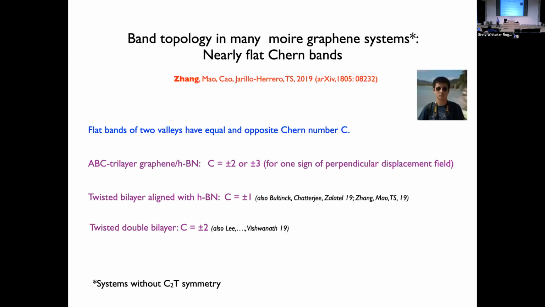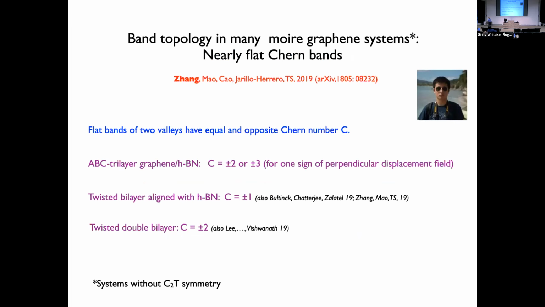Now, early on, three years back, we realized that in a large number of these moire graphene systems, the bands will be topological. And topological in a very simple way. The flat bands of the two valleys will have non-zero Chern number, but since the two valleys are related by time reversal, they'll have equal and opposite Chern number, C. And you can calculate this for a variety of systems.